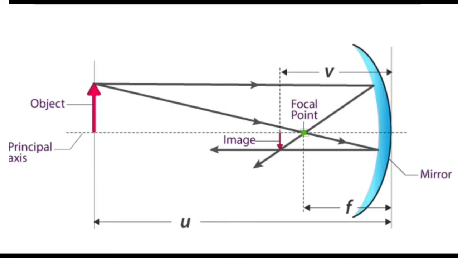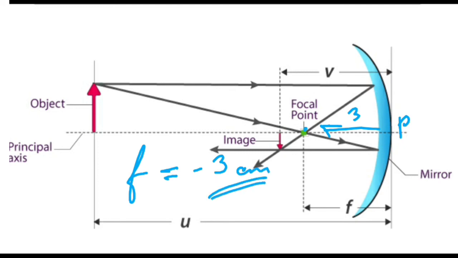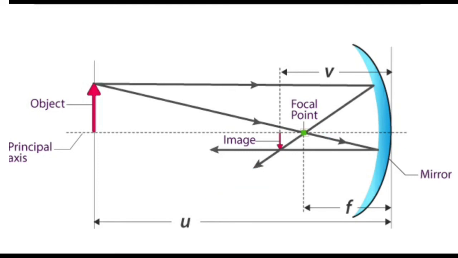Again focus: as I told you, in the case of a concave mirror focus is always negative because it lies in the left side direction. So f, if the distance is 3 centimeter, will be minus 3 centimeter. By using these methods we can calculate numerical problems. I hope you understand. Thank you.